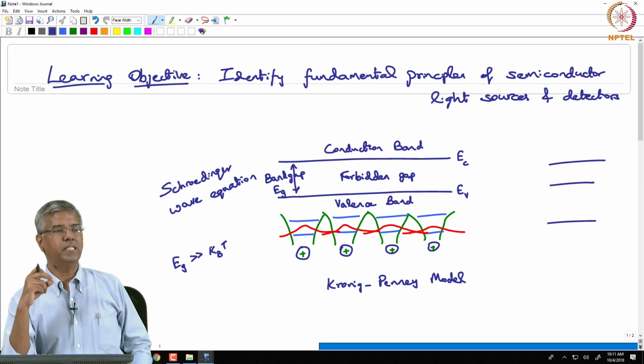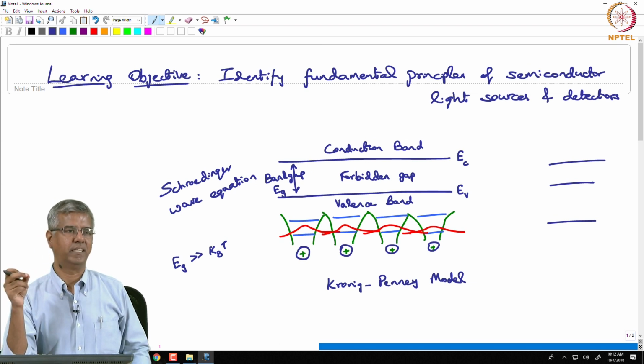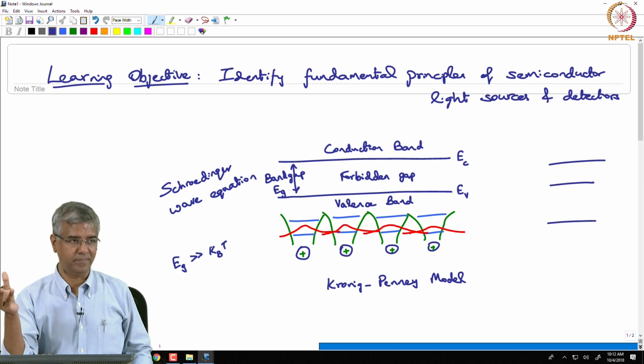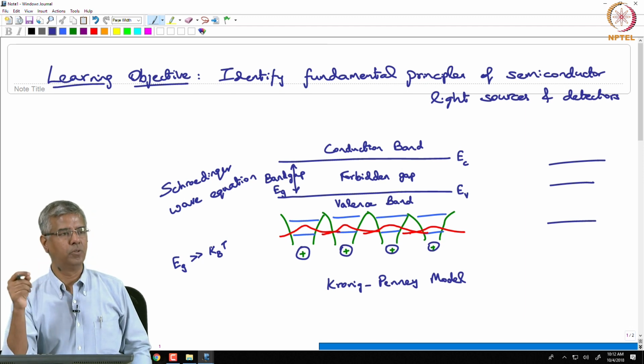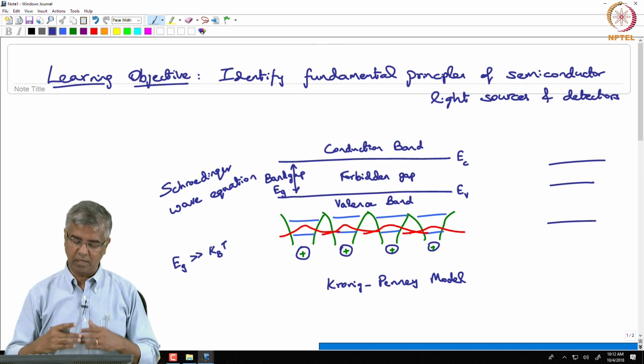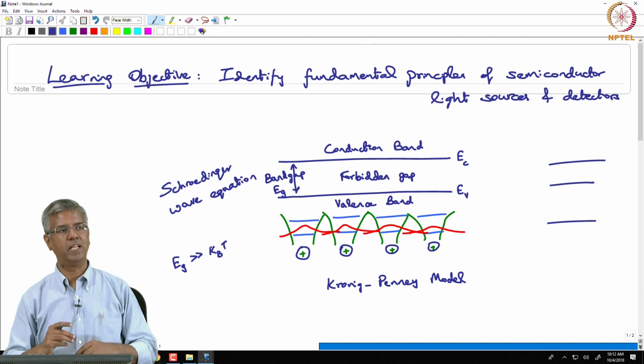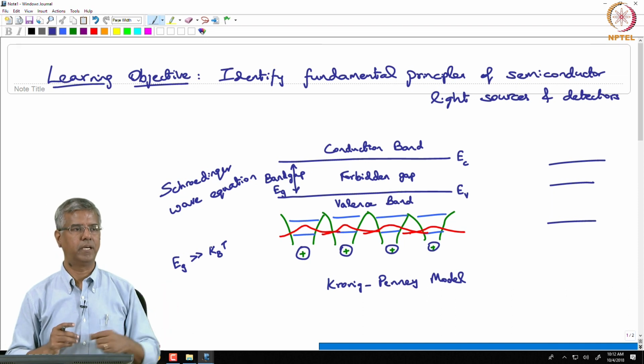So if Eg is much greater than kBT, what can you say about an electron existing in the conduction band? You don't expect to see any electron in the conduction band, because your thermal energy is not enough to take an electron from the valence band to the conduction band, okay.